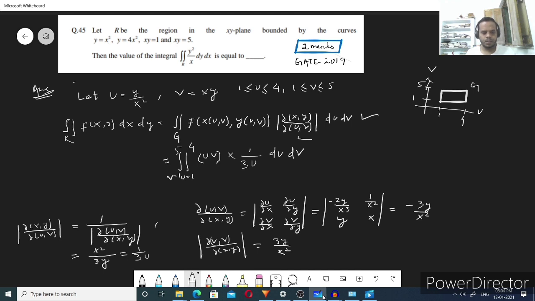So u cancels out, 1 by 3 can be taken outside, and the integral of v from 1 to 5 with u from 1 to 4 gives 3 times the integral of v dv divided by 3. The 3 cancels out, leaving the integral of v dv from 1 to 5, which equals 12.